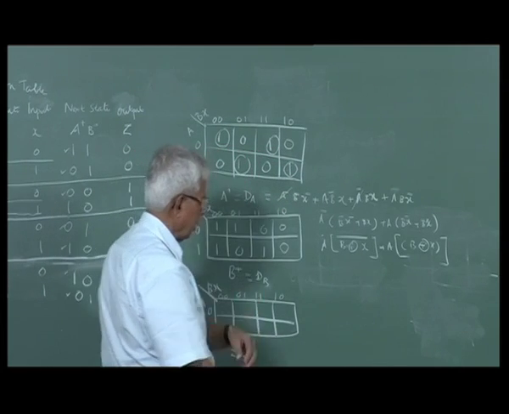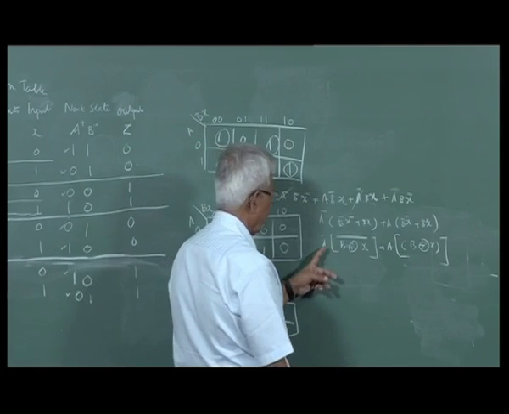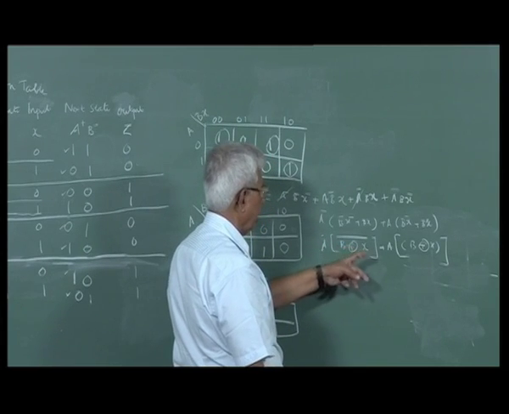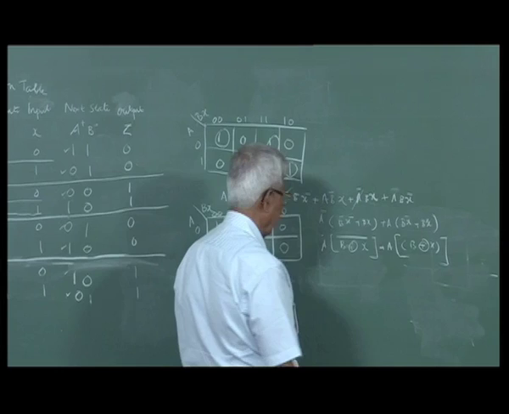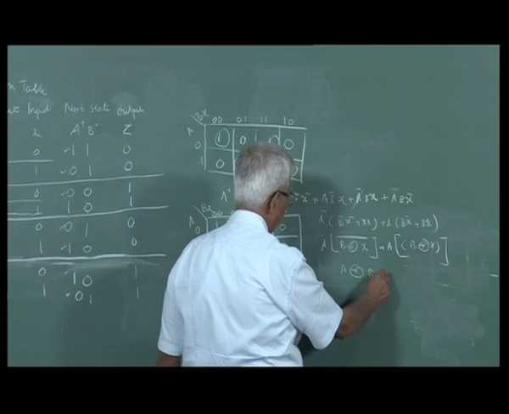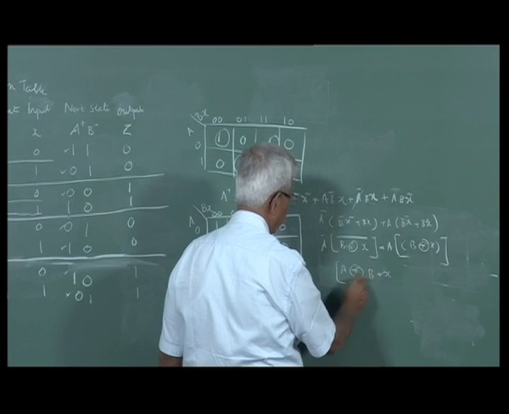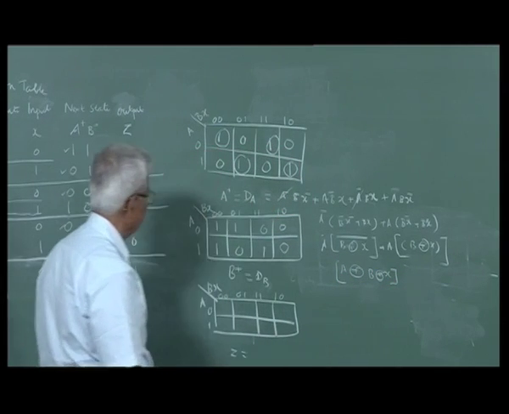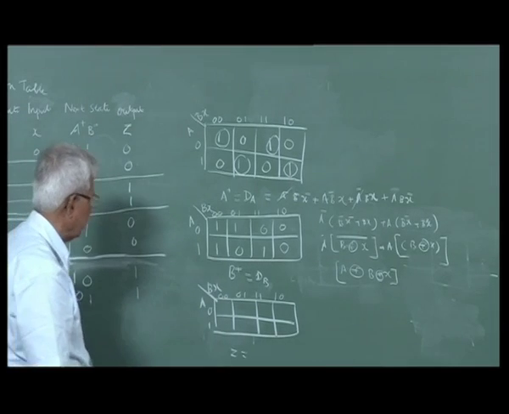So again A bar. So you can also make this as Bx bar with the whole thing complemented and it becomes A. That's what it is. Here it is easy.